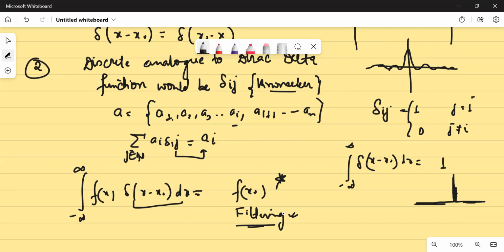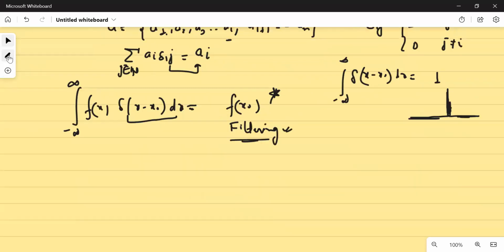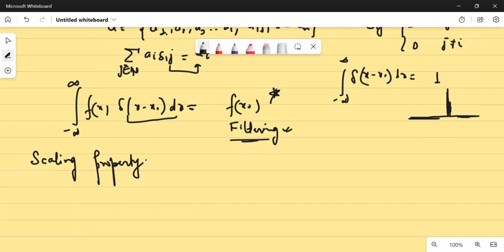Okay. Now let us move to another property. Let me write it. That is called the scaling property. So what is the scaling property? All these properties I'm not deriving, I'm just writing them, because it would hardly take a single minute to write the derivation of each.